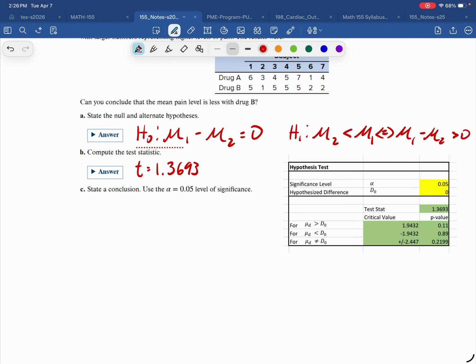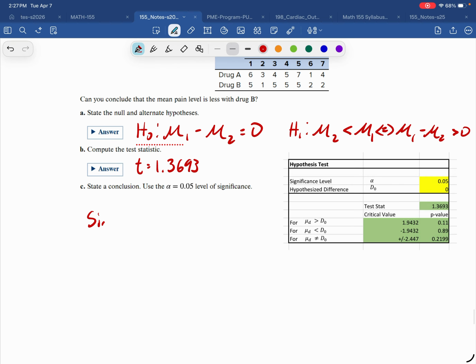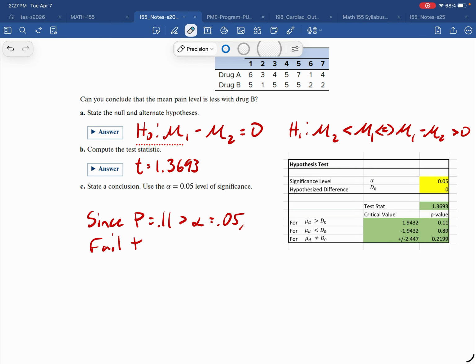And state a conclusion. Well, no. We're not getting it, right? Since P equals 0.11 is greater than alpha, which equals 0.05, fail to reject the null hypothesis.